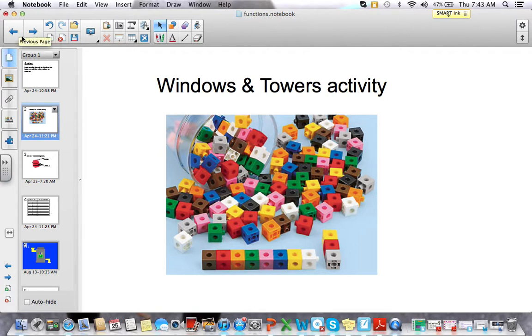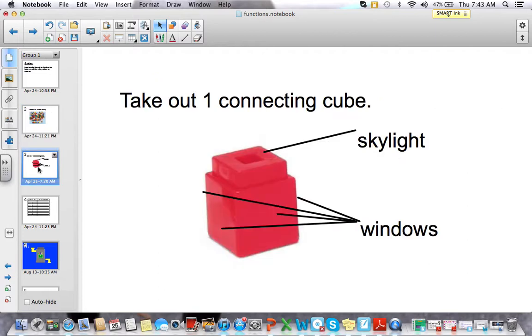So go ahead and take out one set of Unifix cubes and break apart just one piece for now. So you need one connecting cube in front of you. The one connecting cube that you have is going to represent the first floor of our tower.